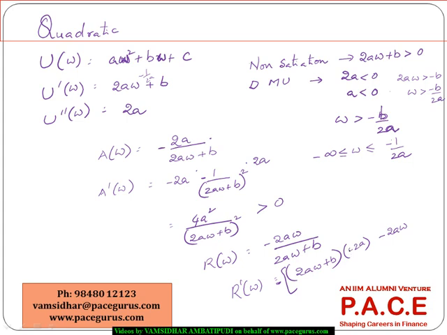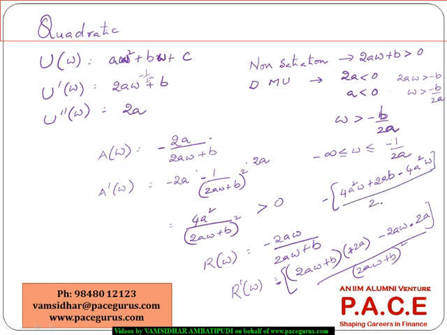So this is 2A and minus 2AW times the derivative of this, which is 2A divided by 2AW plus B whole squared. So this is becoming minus of 4A squared W plus 2AB minus 4A squared W divided by 2AW plus B whole squared.